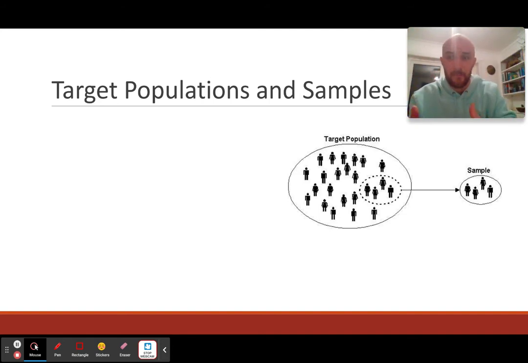So for example, students at Barton Peveril. You have a general population, which is everybody in the world. But then let's say I want to do a piece of research and I've got a target population of the 4,800 students that are at Barton Peveril.